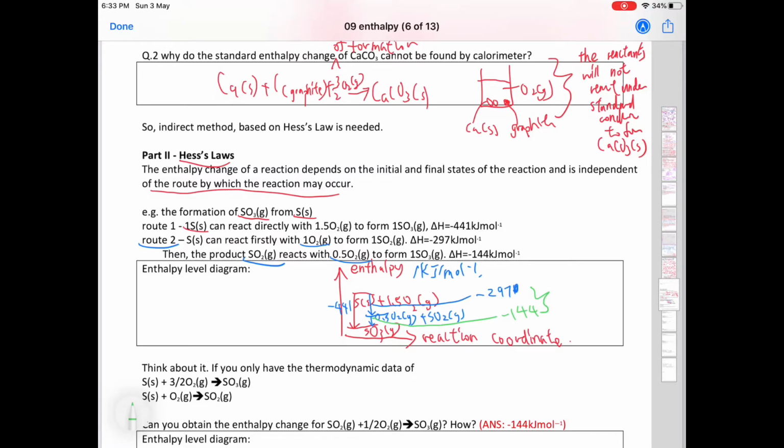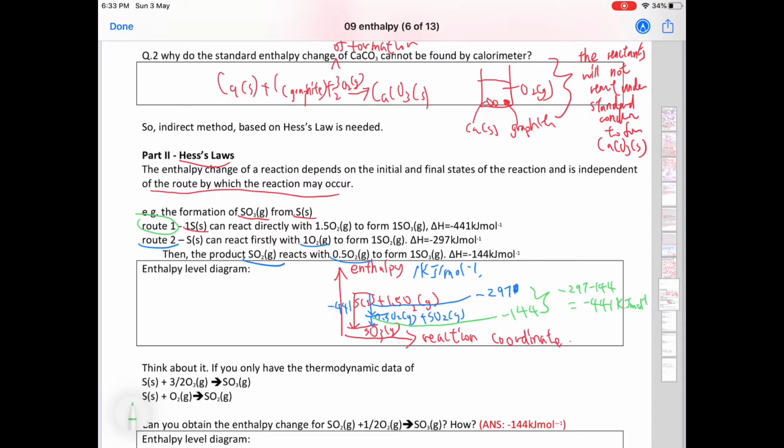It dropped one time and then dropped a second time, by 297 and 144 respectively, so the overall change in route 2 should be the summation of these two numbers, which equals negative 441 kJ per mole. And it's just the same as route 1, where we directly reacted all reactants to form the final product.